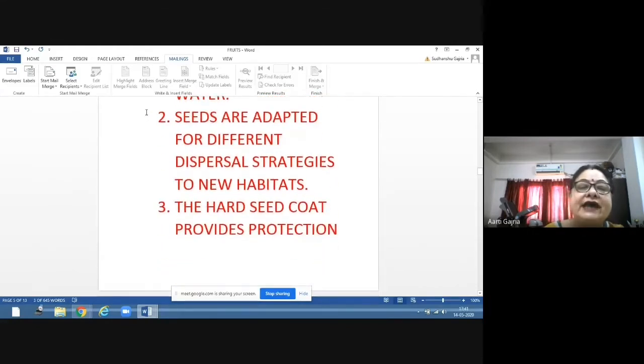The seeds are adapted for different dispersal strategies to new habitats. As I told you, there are different dispersal mechanisms which help the seeds to get dispersed to different habitats, that is colonization, to reduce the competition so that they can grow properly.